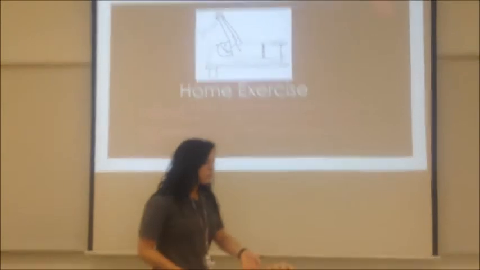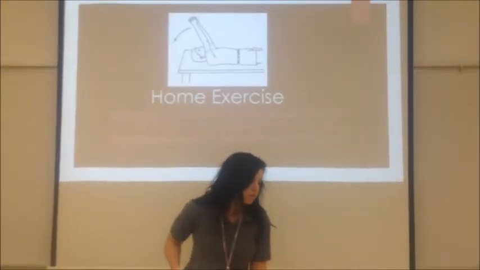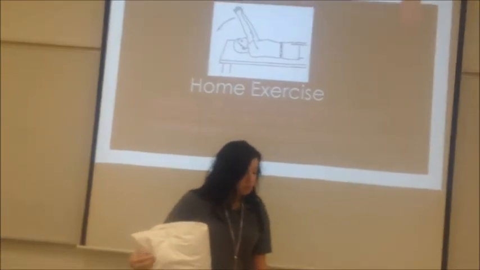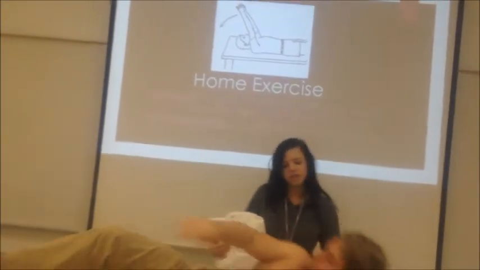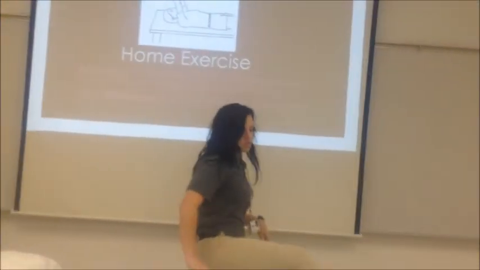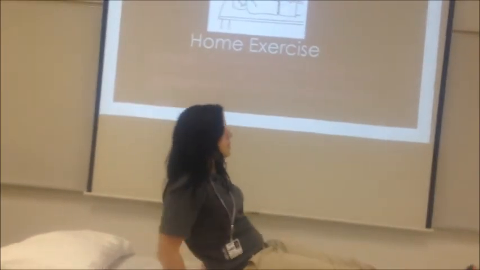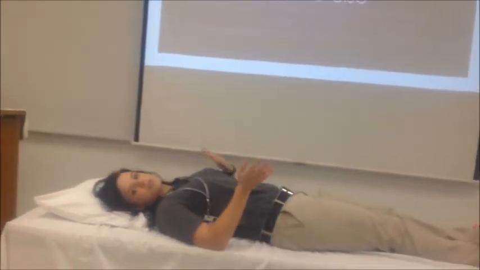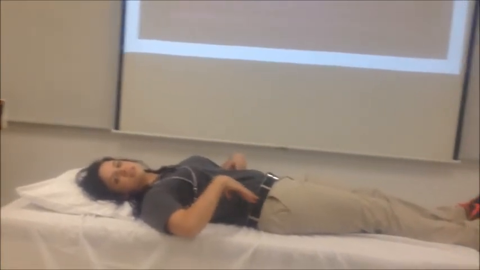So Mr. Parker, what we're going to do now is a home exercise that you can do at home. If you would like to stand up and watch me perform it first and ask any questions that you might have. During this exercise, the patient's going to be lying down. He can do this on the floor, his bed, just something that's sturdy and supportive.